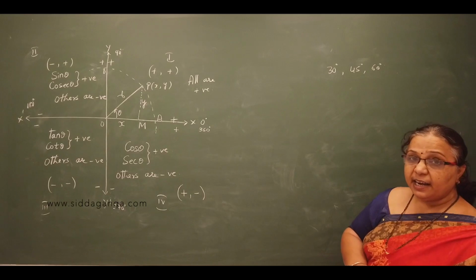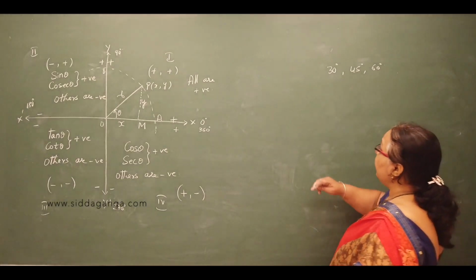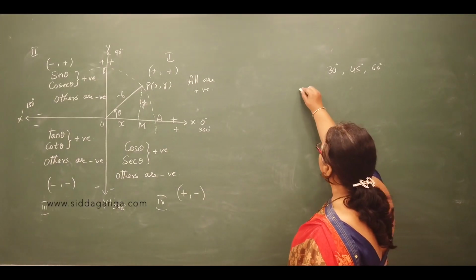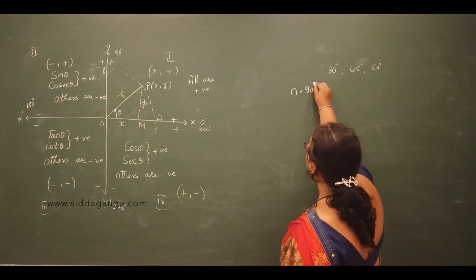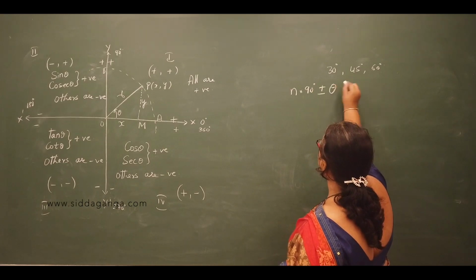Here the allied angle property is that any given angle can be expressed as n times 90 degree plus or minus theta.